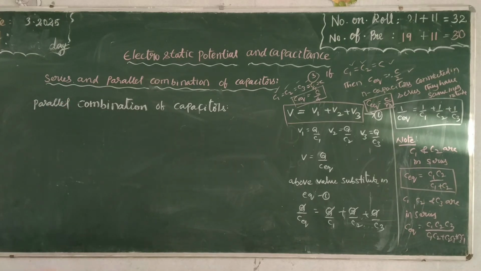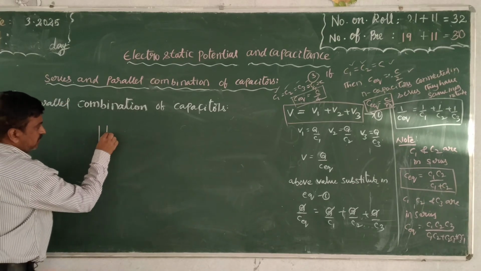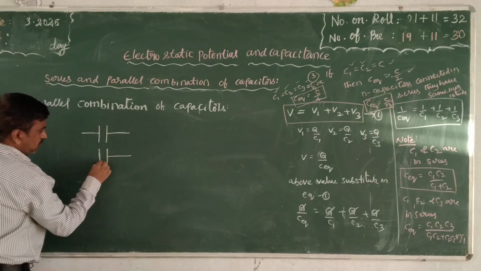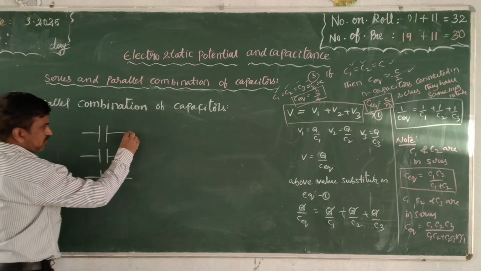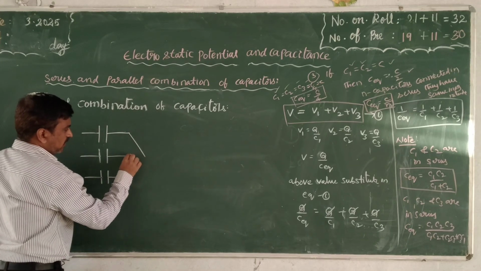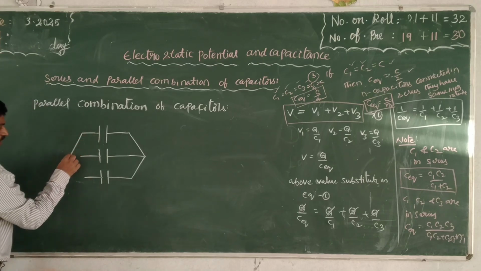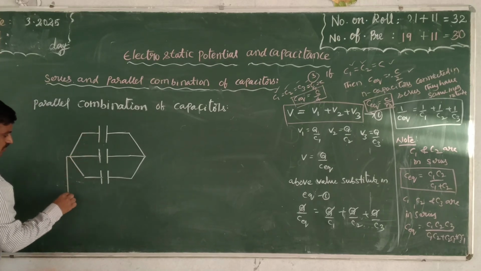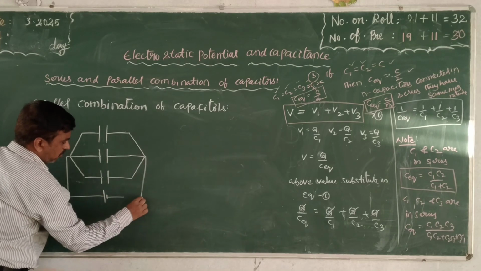Parallel combination of capacitors. For example, see here we can take a capacitor, one more capacitor, one more capacitor. All second terminals are connected to a fixed point, all first terminals are connected to a fixed point, then this combination we call parallel combination.